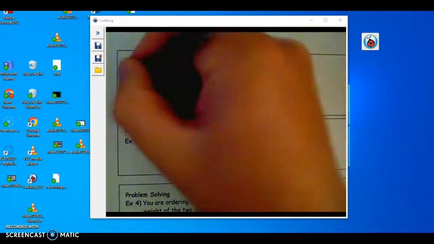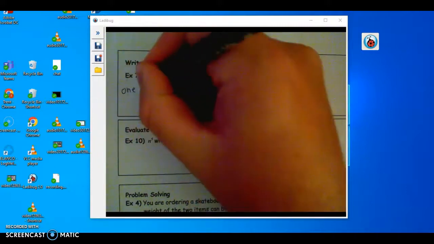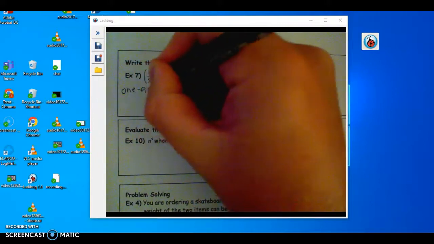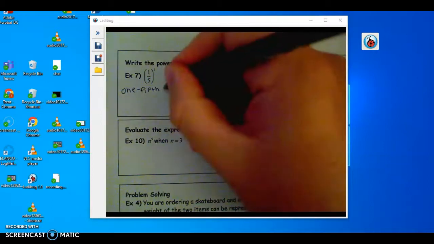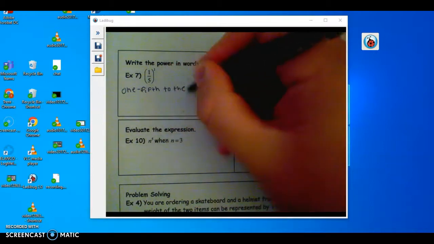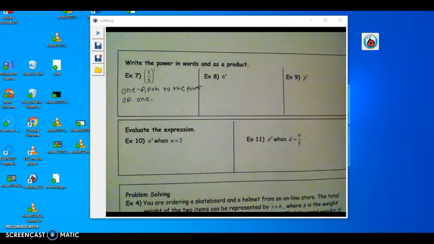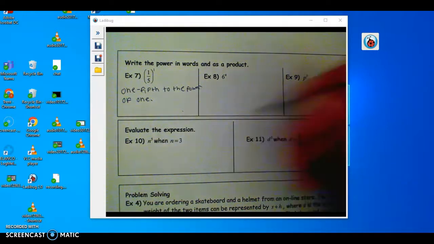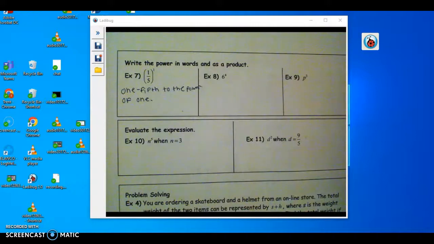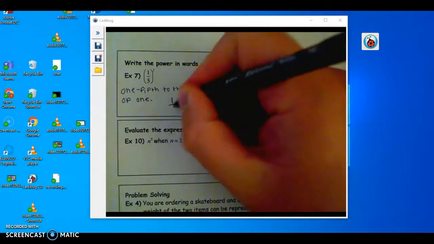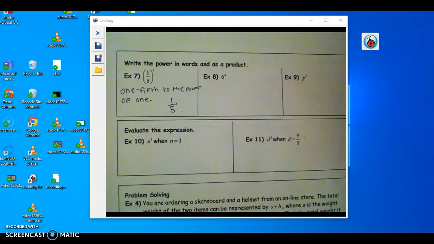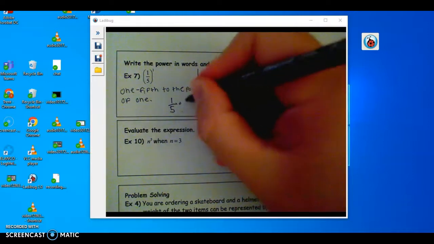So in words, that's just going to be 1/5 to the power of 1. Writing that as a product is very simple. Anything to the power of 1 is just itself. So it is just 1/5 times 1, I guess theoretically.